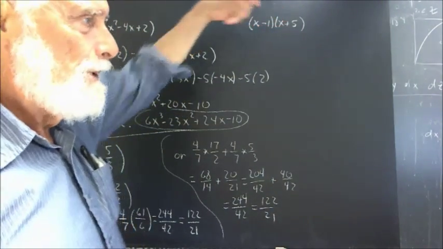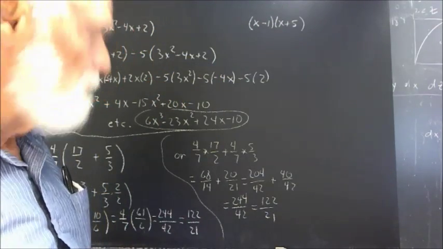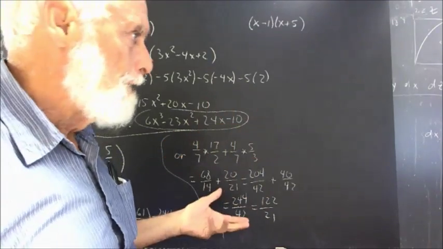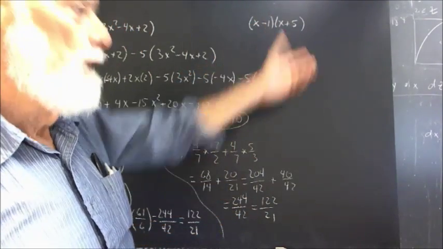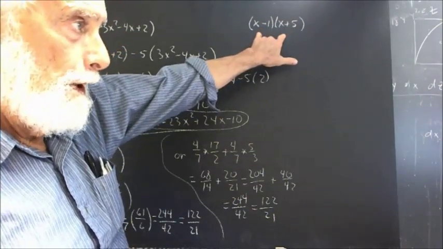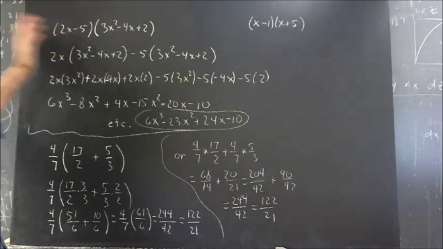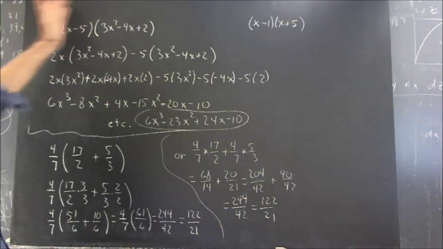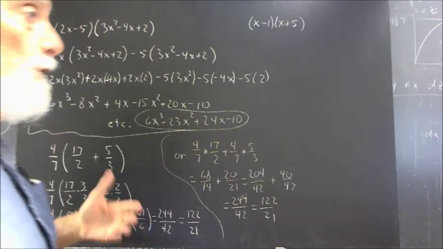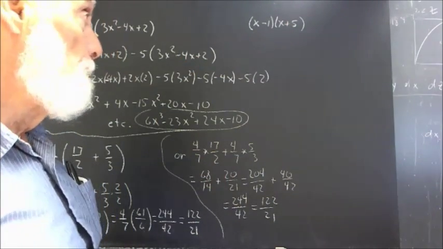If you did this using that FOIL thing that I really have trouble accepting, FOIL is a trick. The distributive law is the distributive law. If all you learn is FOIL, it'll work fine for multiplying this, but you're lost when you get to this. Or if you had 3 terms over here times 3 terms here, how would you do it? You would use the distributive law, and the F thing doesn't help you a bit.